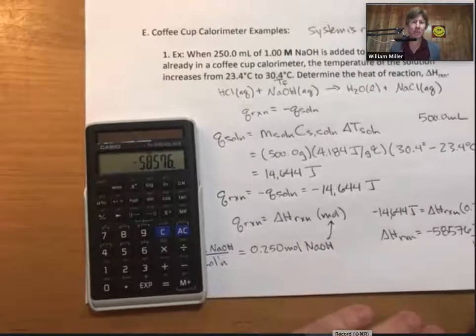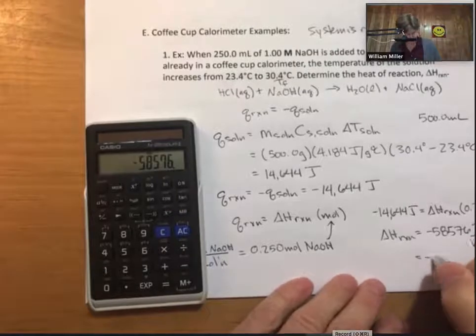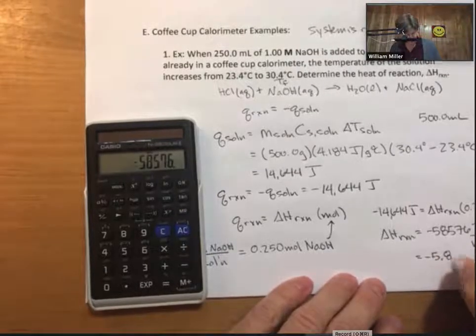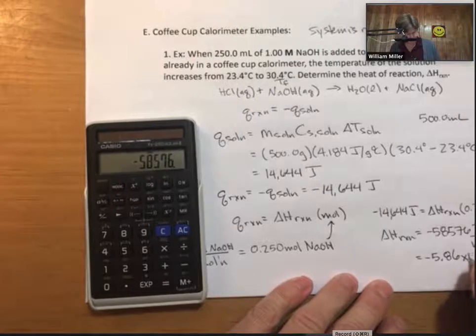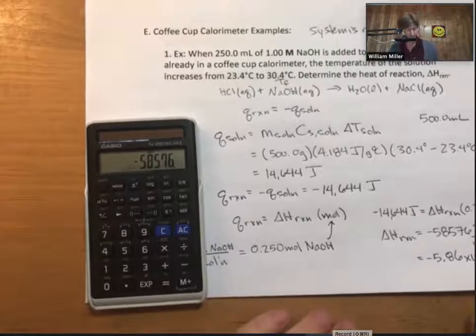Rounding that to 3 sig figs, like we always do for our final answers, 5.86 times 10 to the 4th joules per mole, and that is our final answer for this.